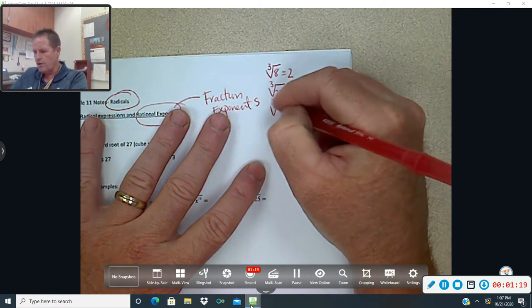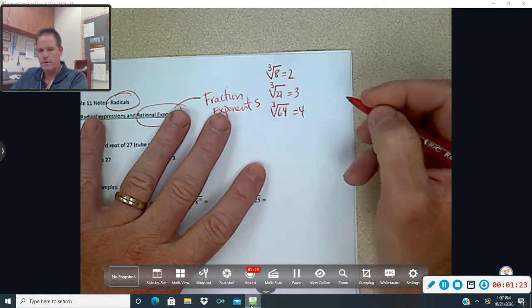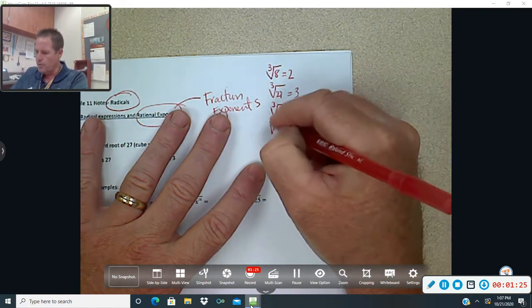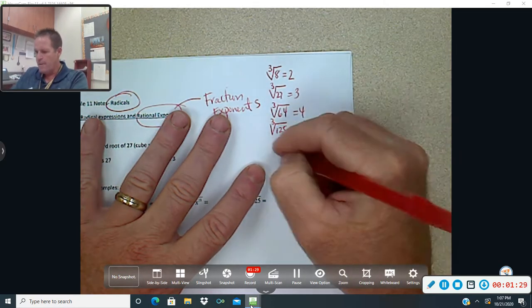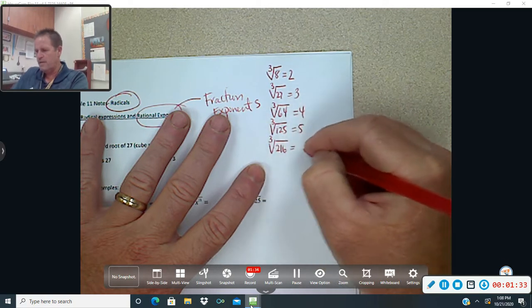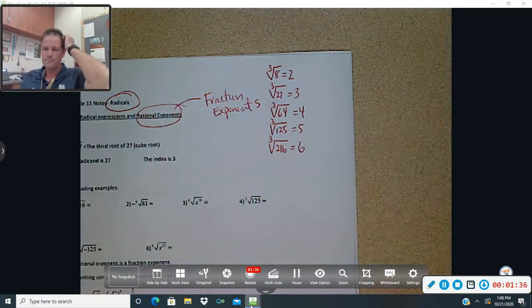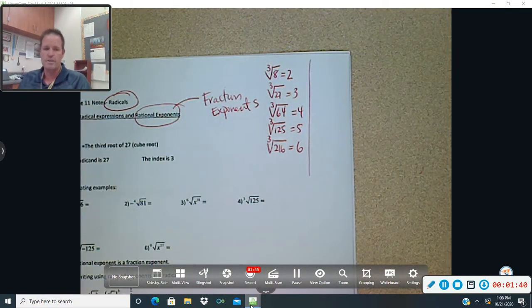You should know the cube root of 64, that's 4. The cube root of 125 is 5. And the cube root of 216, and that is 6. Okay, you should know those cube roots. There's obviously others, but those are the ones that kind of should pop in your head. You're going to see those often.